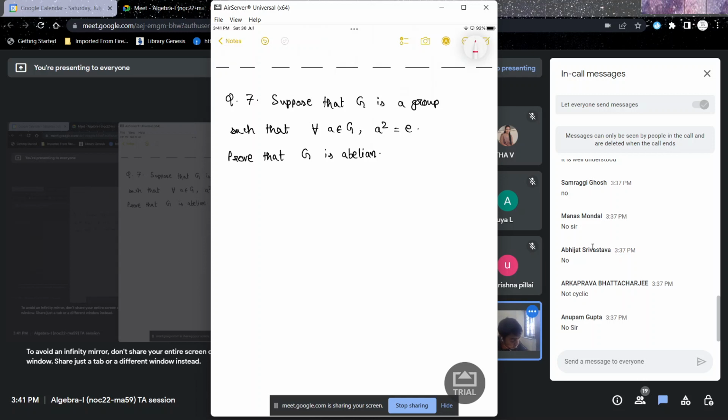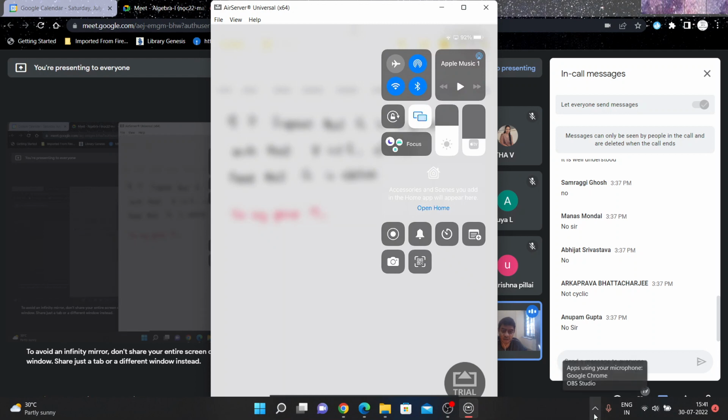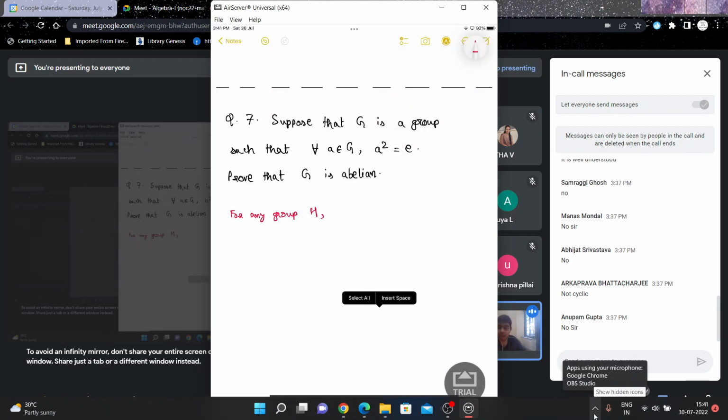So you know this, right? For any group H, I am not writing the binary operation. You know this, that (xy) inverse is y inverse x inverse, for all elements x, y in H. This is something very standard.